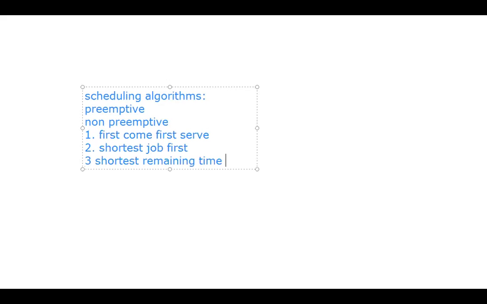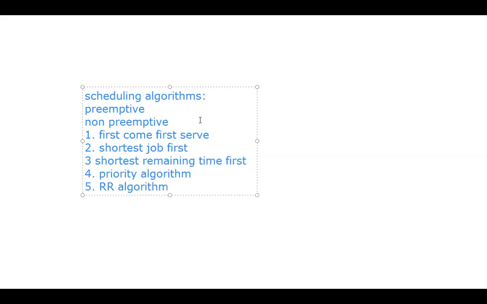Shortest remaining time first is also called preemptive SJF. And next one is priority algorithm, the fourth category of algorithm. And the last one is round robin algorithm, which we call RR algorithm.